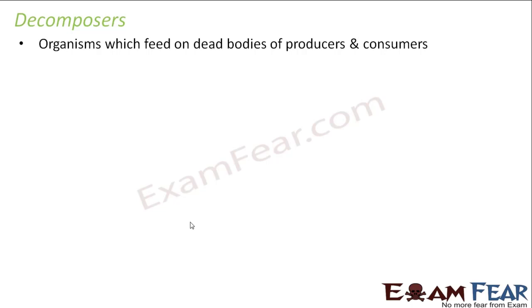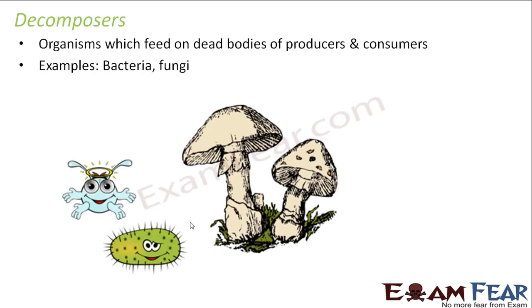So they eat up the dead bodies of producers and consumers. They eat dead and decomposed things, right? So decomposers play a very important role in the environment. Some examples of decomposers include bacteria and fungi.